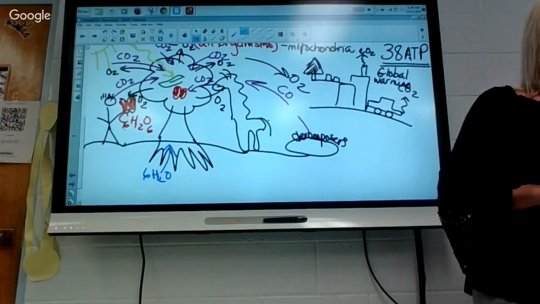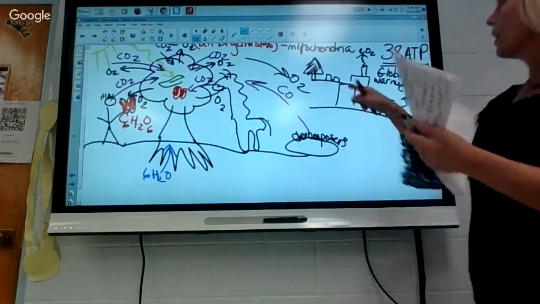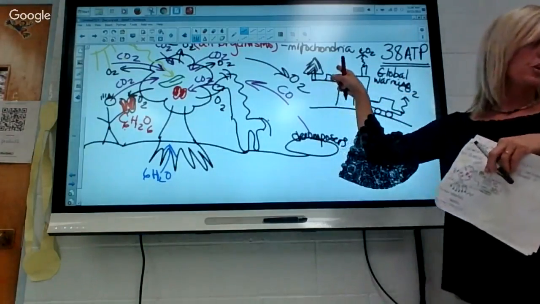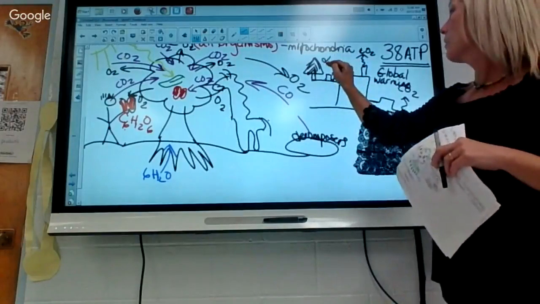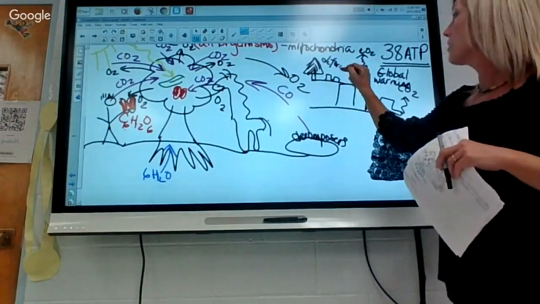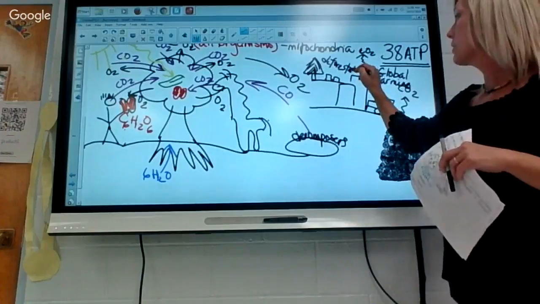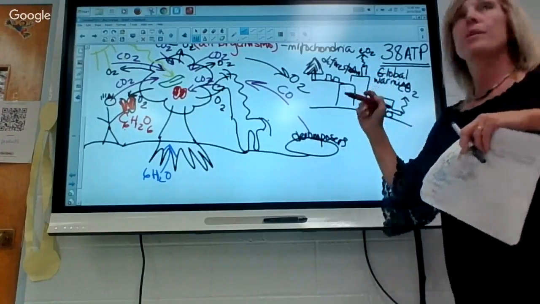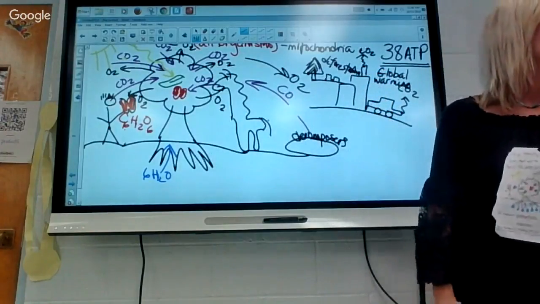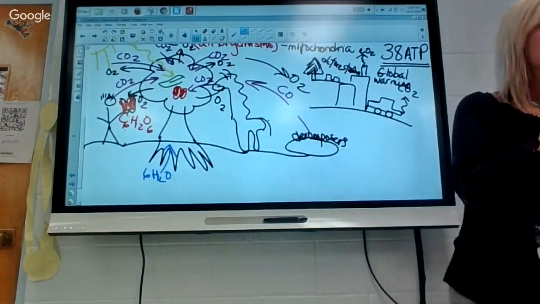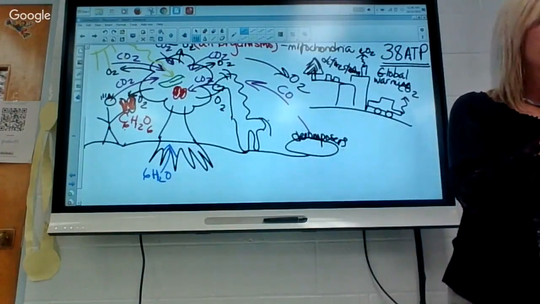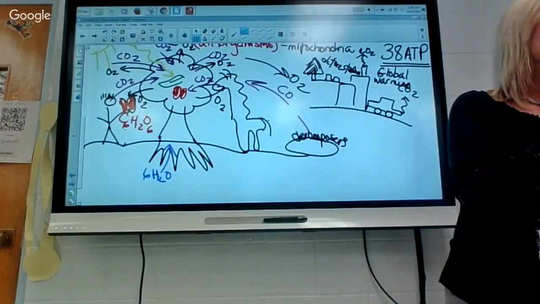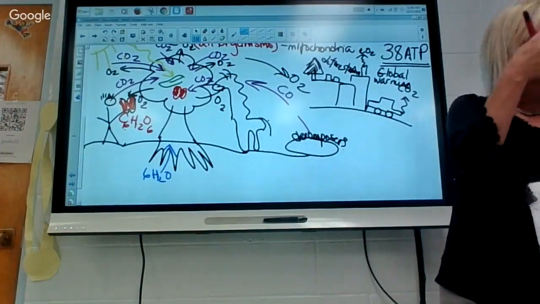Who asked about deforestation a minute ago? Oh, deforestation. Okay, go over here. You see where the trees are cut down in your picture? Yeah. Write deforestation, if you have room, because if we chop down the trees, what happens to your carbon dioxide level? It rises. Why? Because there's nothing to take in the carbon dioxide. There you go. So think about these big trees, how much CO2 they can pull in.